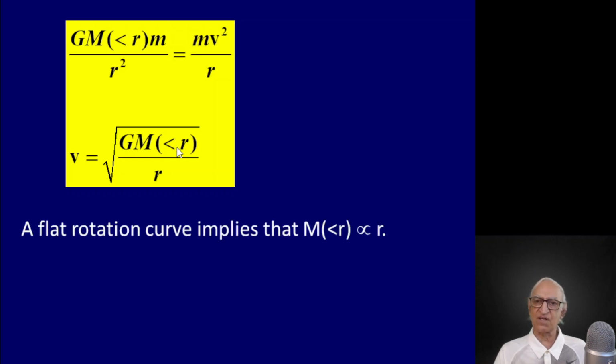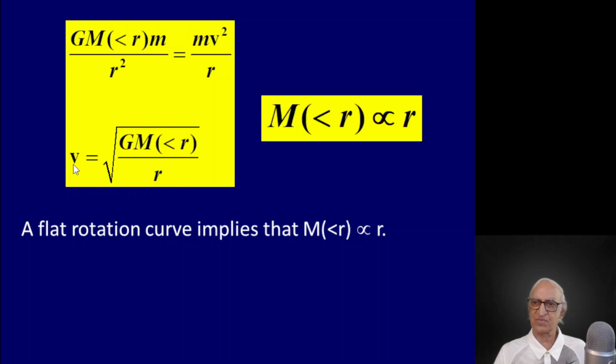Now, if the circular velocity is constant, if v is constant as a function of r, then it means that M of r in the numerator inside the square root sign must increase linearly with r. Therefore, the r and r cancel out and the orbital velocity will be a constant. In other words, the implication of a flat rotation curve is that the mass interior to radial distance r is proportional to r. Therefore, as you go to larger and larger radius, the mass of the galaxy is increasing.